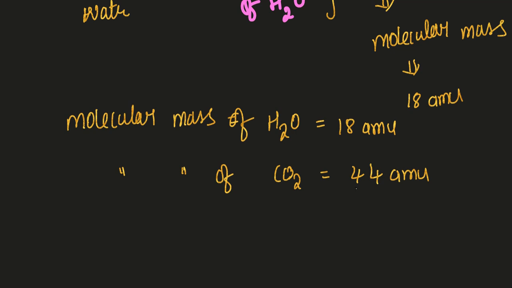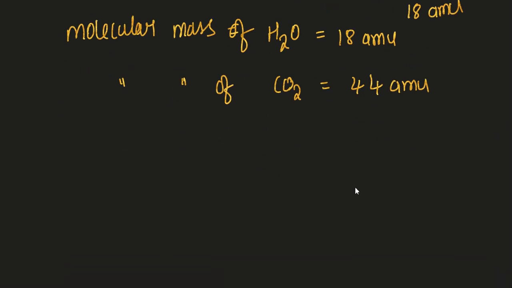To learn these values, first you have to learn the masses of the first 30 elements. Don't worry, after completing this topic I will make you write the atomic weights of all the important elements. Moving to the next one, the molecular mass of NH3 will be 17 AMU.